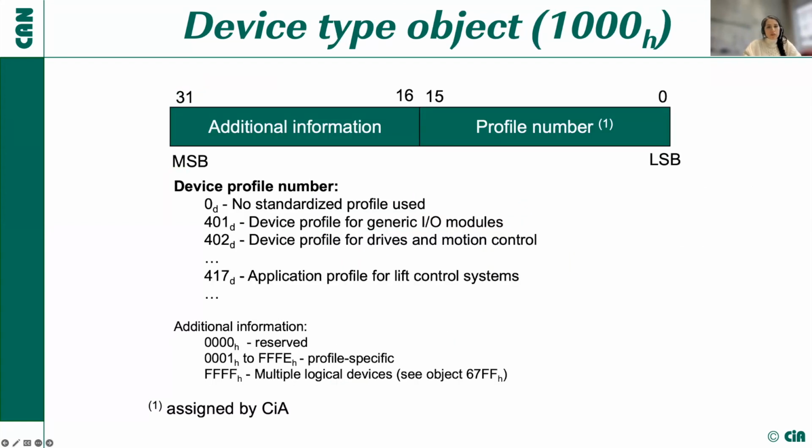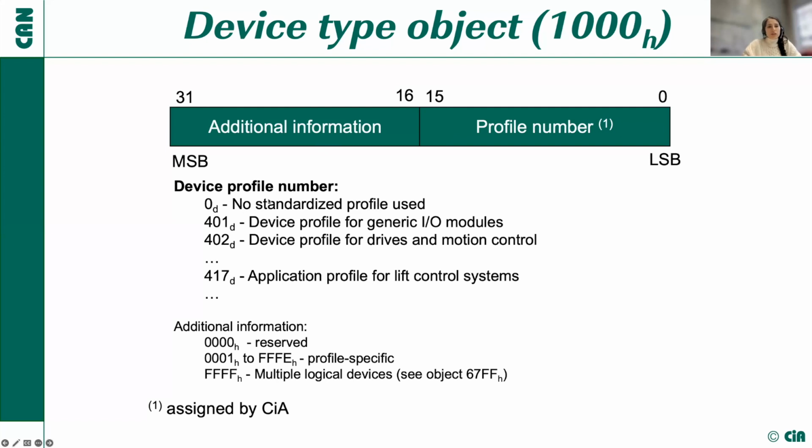The CiA profile is indicated in this index range 1000 that you can see here, where the device type parameter indicates the implemented profile or the type of the logical device that will be used in your network, and also its functionality.